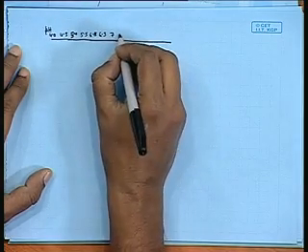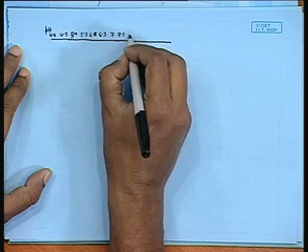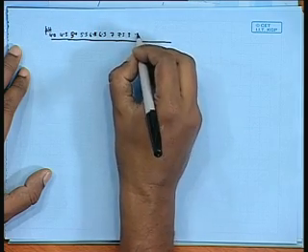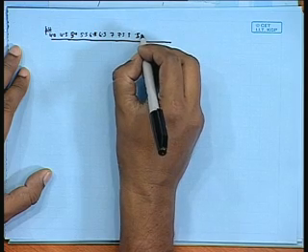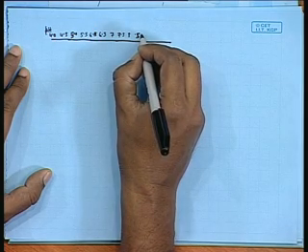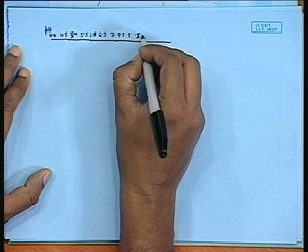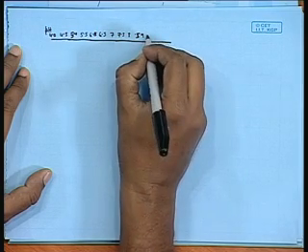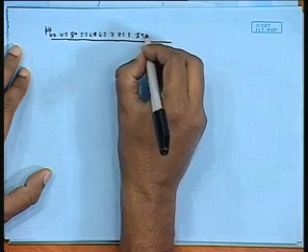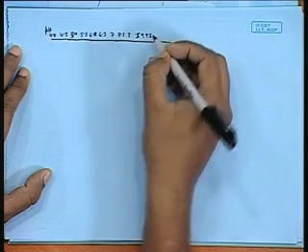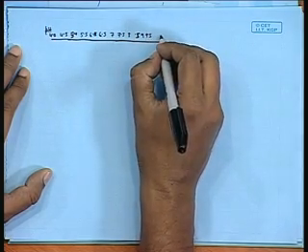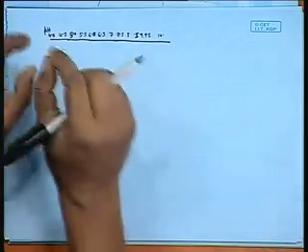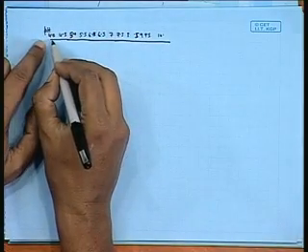Then 7.5, 8, 8.5, then about 9, 9.5, and 10. So you can see we can graduate this according to this.